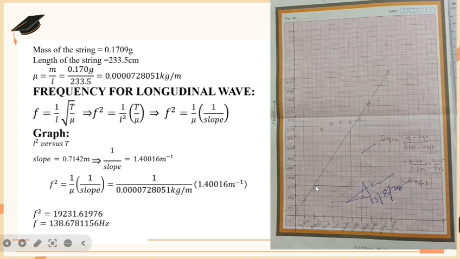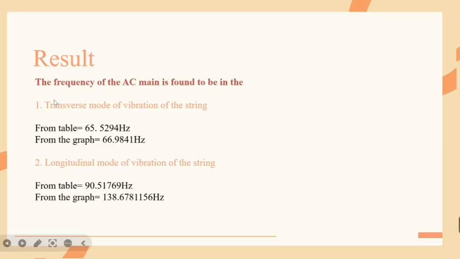Plotting the points in the graph, we need to draw a straight line. For that straight line, we need to find the slope. Substituting the values of slope and mu in the simplified equation, we will get frequency as f equal to 138.67811156 Hz.